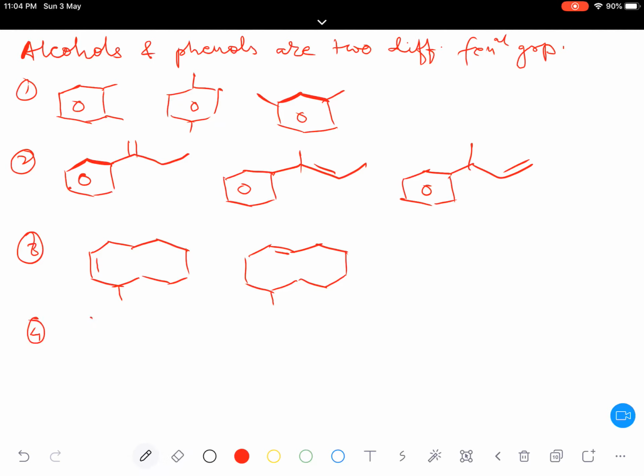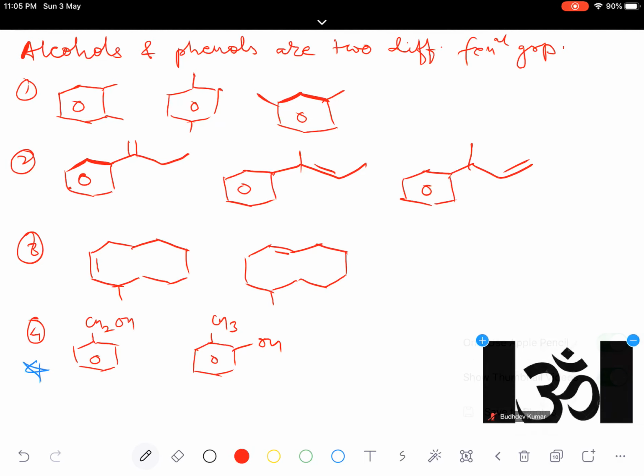Fourth one, CH2OH, CH3OH. Okay, and next, star mark here, to determine what kind of isomers these two will be.